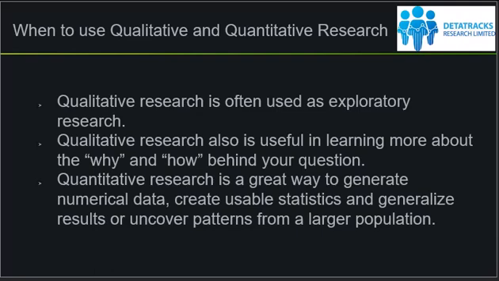Qualitative research is also useful in learning more about the why and the how behind your question. Quantitative research is a great way to generate numerical data, create usable statistics, and uncover patterns from a larger population.